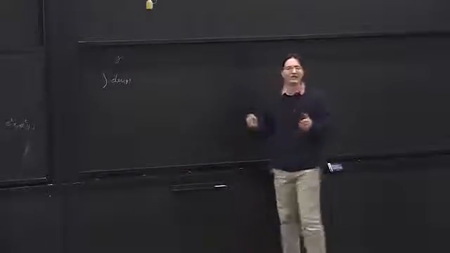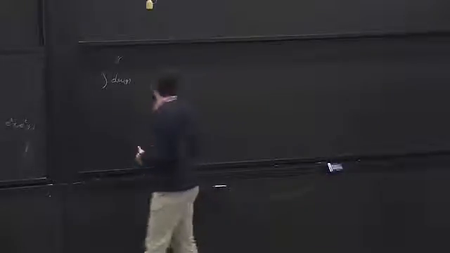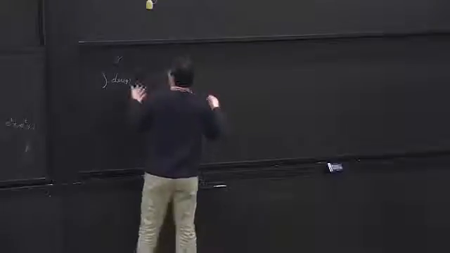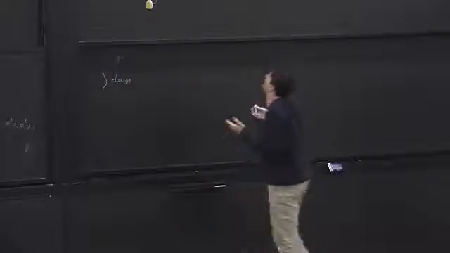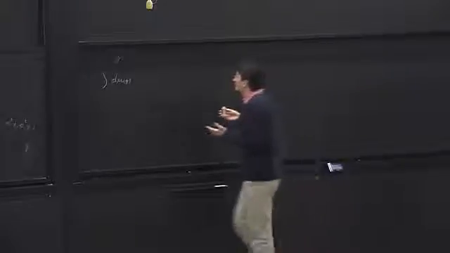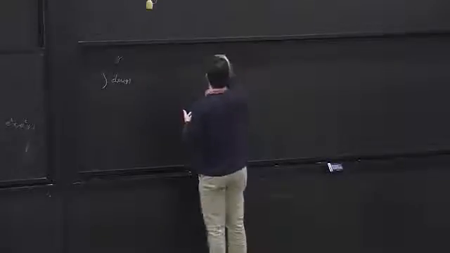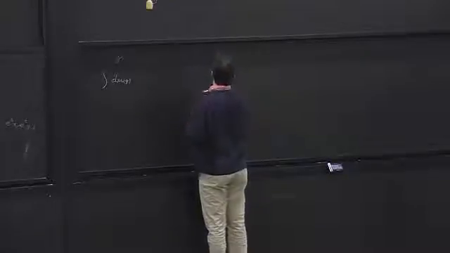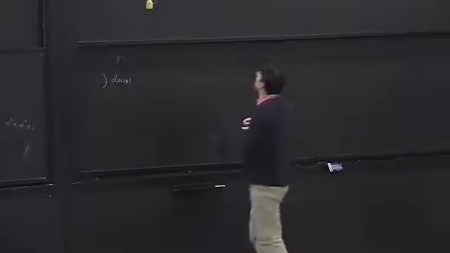It's called Haar measure, some measure on the group which is invariant under the action of the group itself. And then I need to find a decent action. So suppose that these g^A are the coordinates on this group.